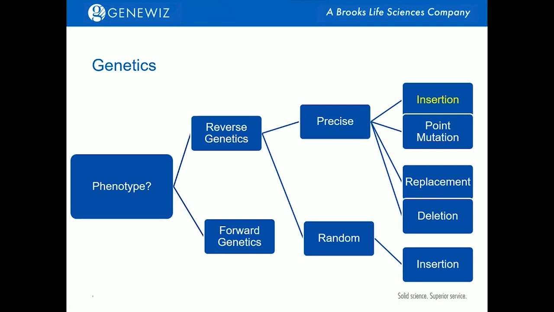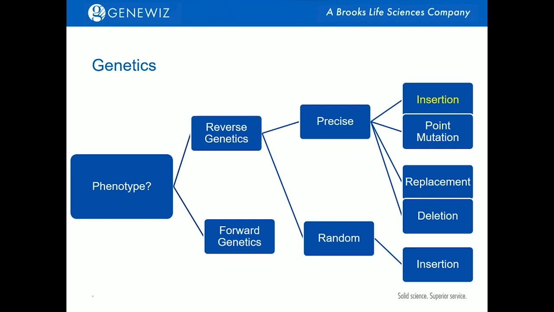For that, you also have to make two choices. Do I make a random or precise insertion of this element into the genome? Random insertion is easy to achieve, but comes with the risk of multiple copy insertions or disrupting the endogenous functional element where your element is inserted into the genome.